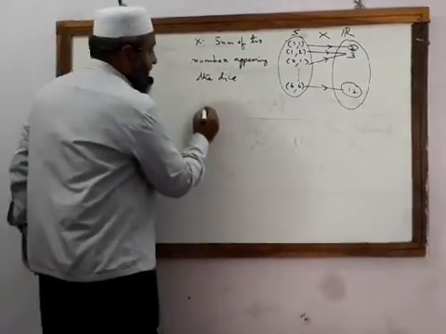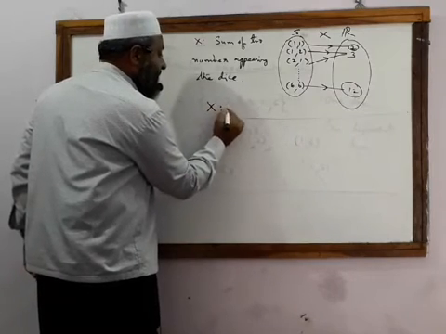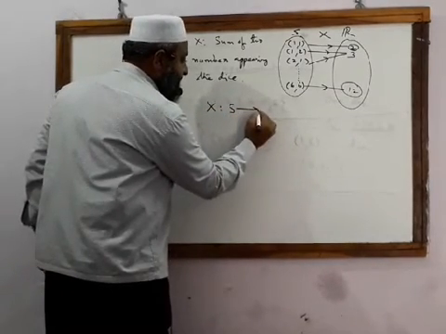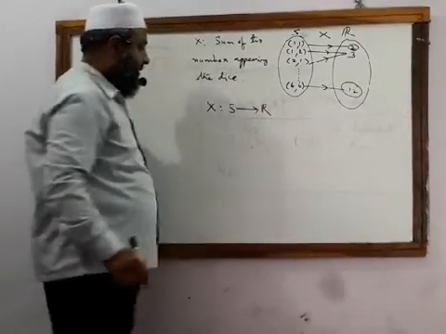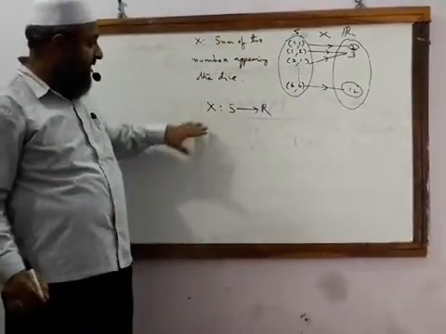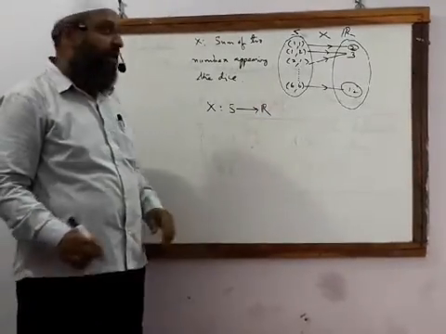Then, in general, any random variable X is a function from the sample space of that particular random experiment to the set of all real numbers. You can very easily observe this X is nothing but a function from S to R in this case.